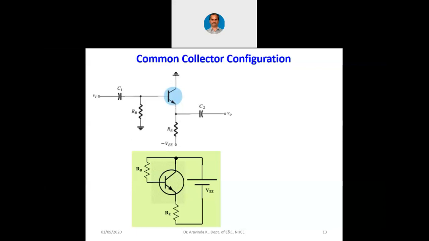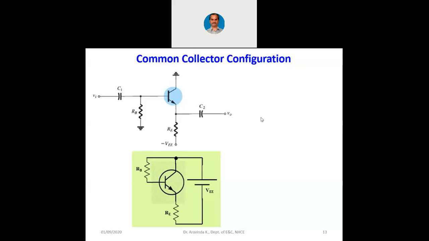We can optimize the writing of the circuit diagram and it will look neater. If you compare the upper diagram with the lower diagram, the lower contains more details, whereas the upper diagram is neater or optimized because we are using symbols. That is the primary purpose of using these symbols.